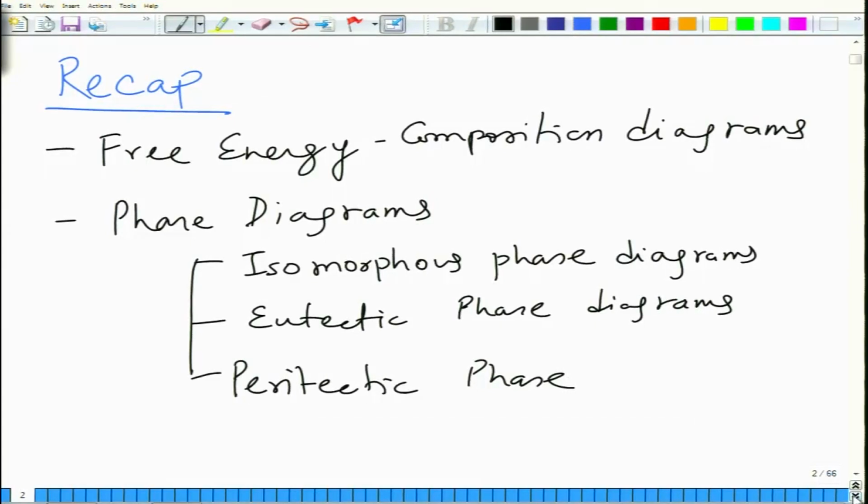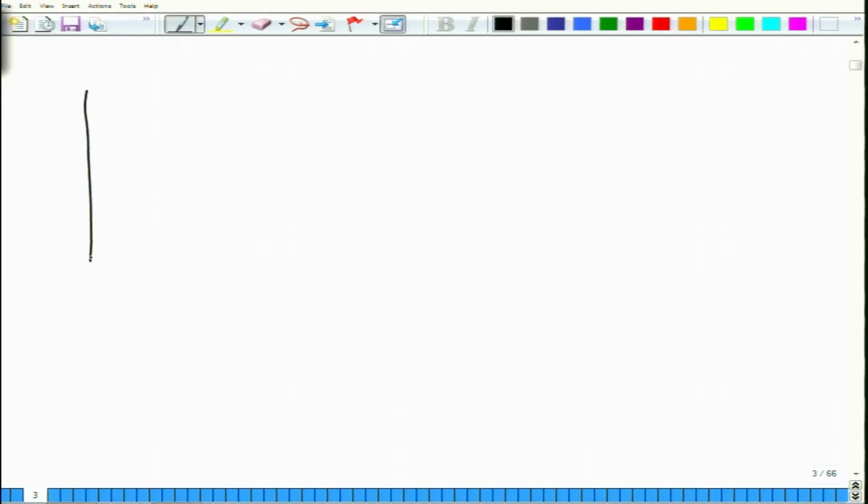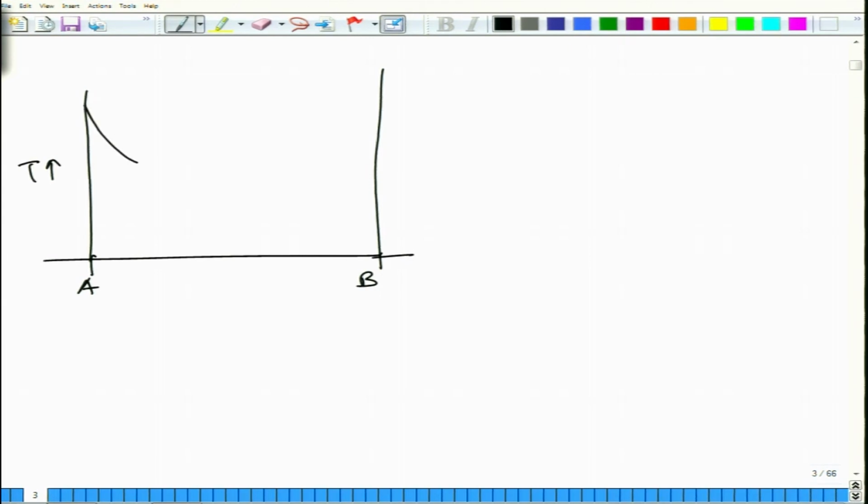So, for example, a eutectic phase diagram is something like this. If you draw it for A and B as a function of temperature, this is the kind of diagram you get for eutectics.